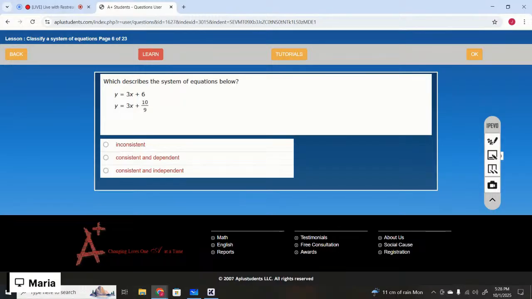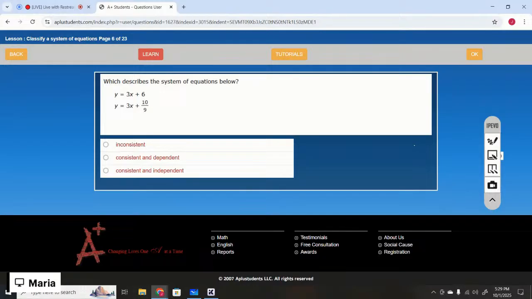Y equals 3x plus 6/9. Y equals 3x plus 10/9. So both the equations have the same slope but different y-intercepts.